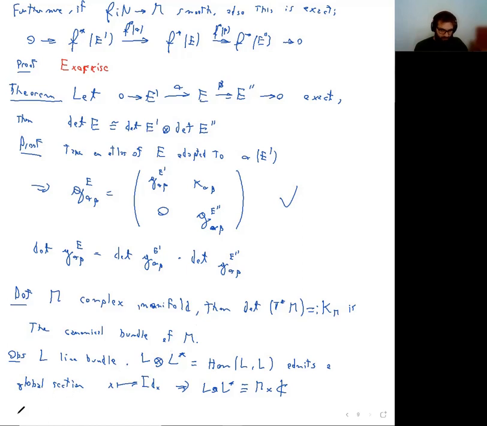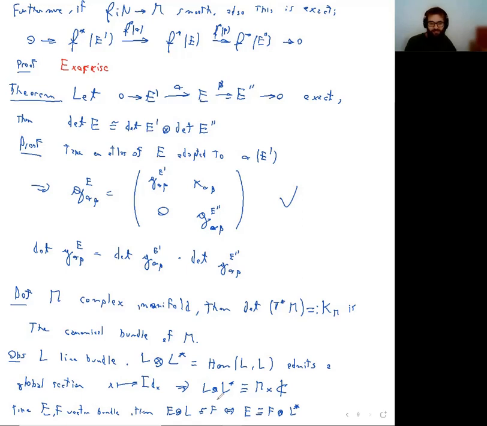And actually, if you take any two other vector bundles, E and F, not necessarily rank 1, then E tensor L is isomorphic to F if and only if E is isomorphic to F tensor L star. And what's the reason for this? Yeah, you go back here, you tensor with L star, and basically L times L star cancels out.